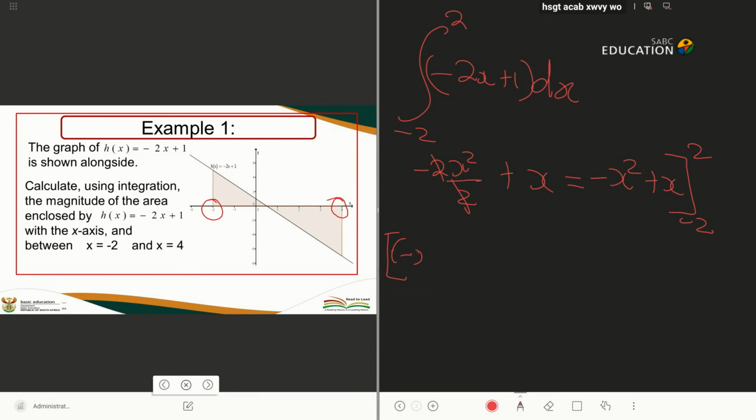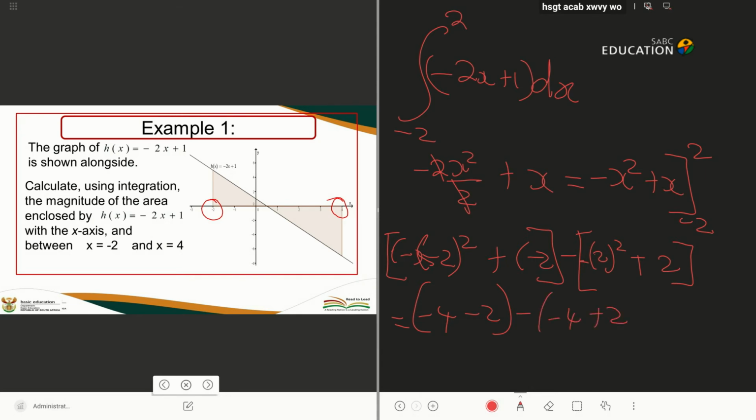Then this will be negative of negative 2 all squared plus negative 2, minus the very same of negative 2 squared plus 2, wherein negative 2 squared is 4, which will be negative 4 minus 2, and minus negative 4 plus 2.